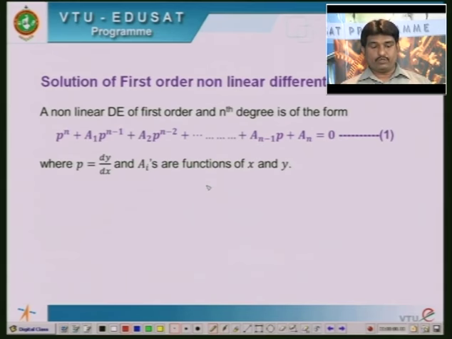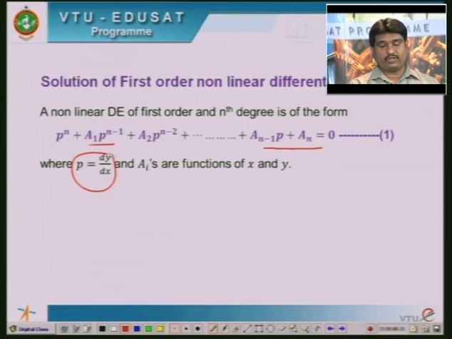Now I have an equation of the form p to the power of n plus a1 into p to the power of n minus 1 plus a2 into p to the power of n minus 2 and so on, plus an equals 0, where p stands for dy by dx and ai's are functions of x and y. So definitely this is a non-linear differential equation. Two reasons. Reason number 1, terms like p to the power of n, p to the power of n minus 1, the degree of these terms is not 1.